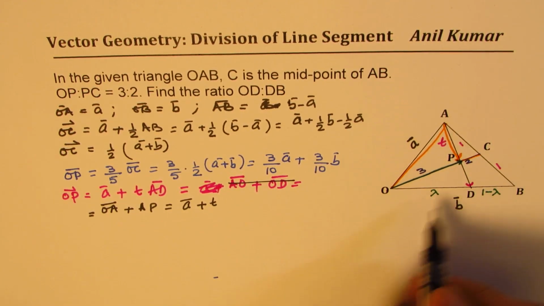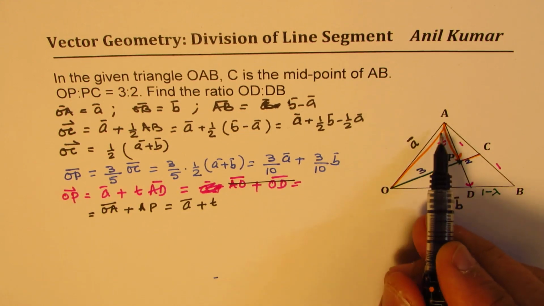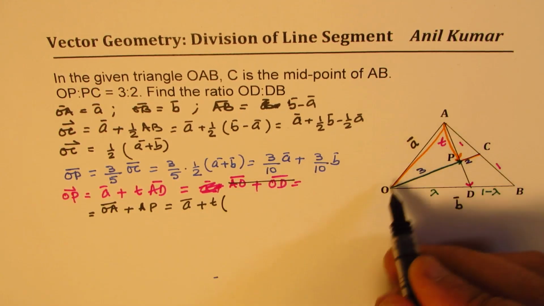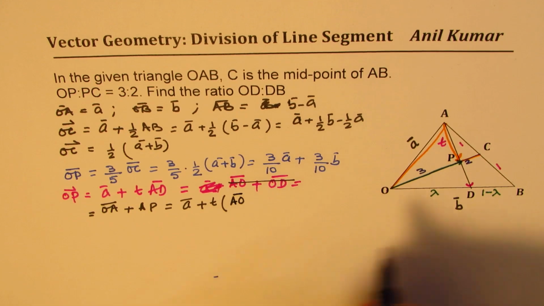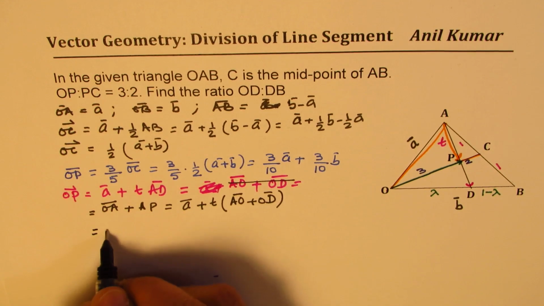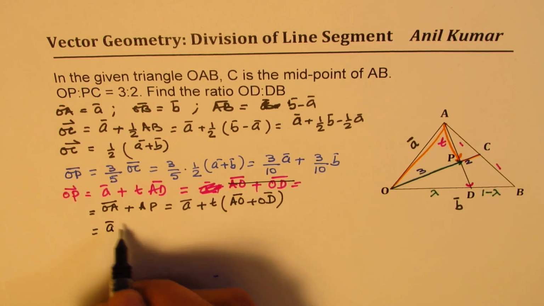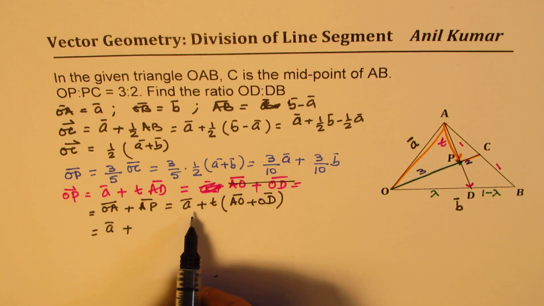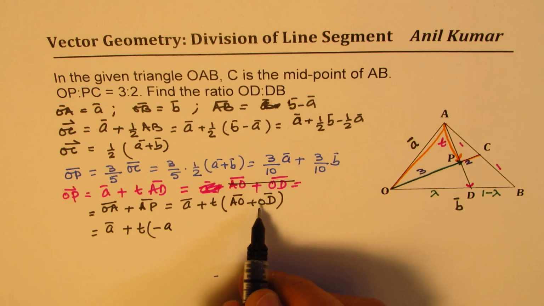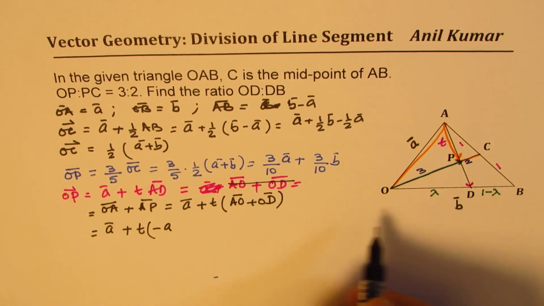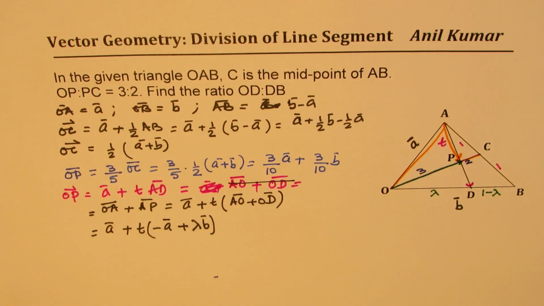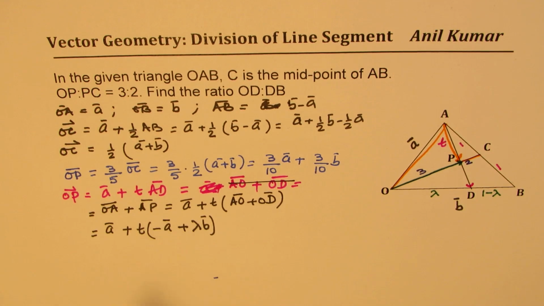AD will be AO plus OD, right? So t times AO plus OD. Now that gives you OA is A, right? Plus t times AO, which will be minus A, and OD we are saying lambda times B. Is that clear to you? Correct? That is lambda times B.